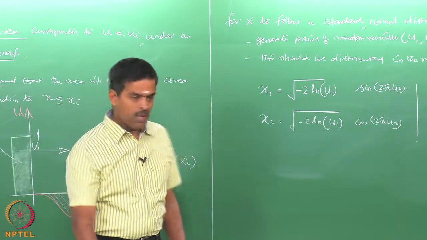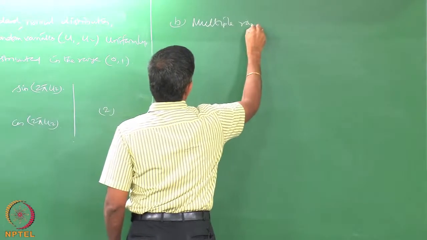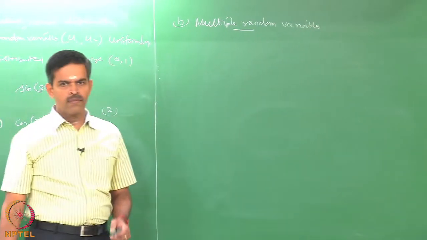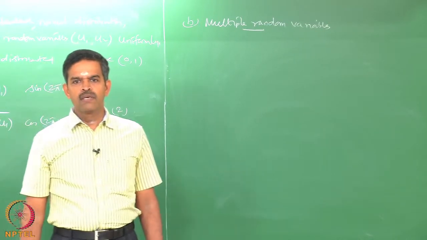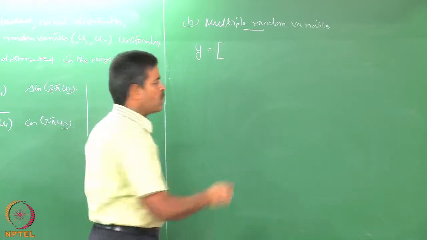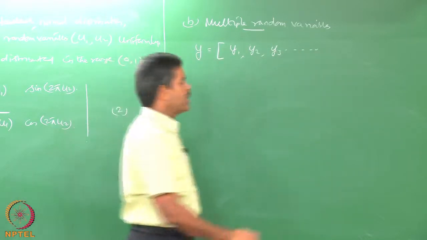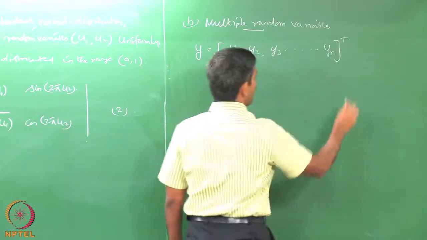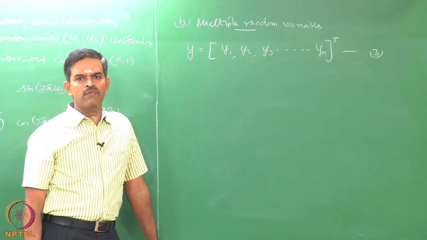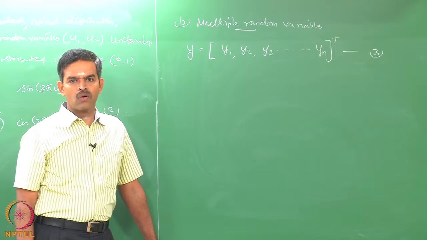So, let us now talk about multiple random variables. A set of random variable y, which will be y1, y2, y3 till yn, which is actually a joint random variable, which means that it has the mean vector m and the covariance matrix sigma.